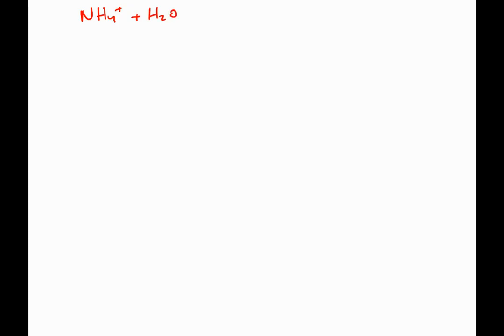And then for the type of reaction that this is and for the type of problem that this is, it's important to recognize that both NH4+ and water are weak. If both reactants are weak, then this is an equilibrium reaction. So draw a two-way arrow, and NH4+ is an acid, so it donates a proton going to NH3, and water is acting as a base in this reaction, so it gains a proton going to H3O+.